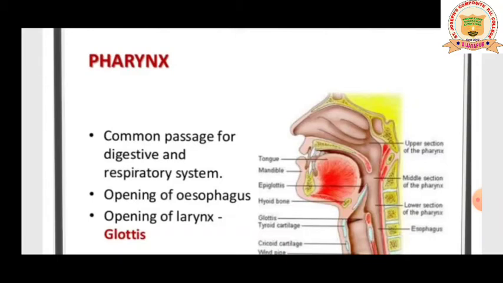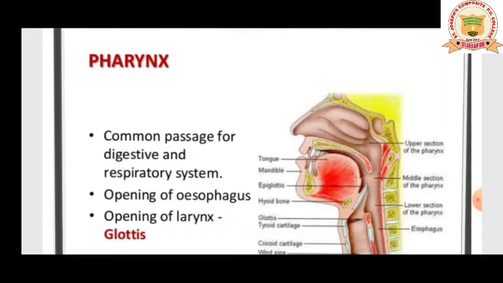Air will enter the respiratory system to get purified and the food will enter for digestion. So it is a common passage that opens to the esophagus. From the pharynx it will lead to the esophagus.